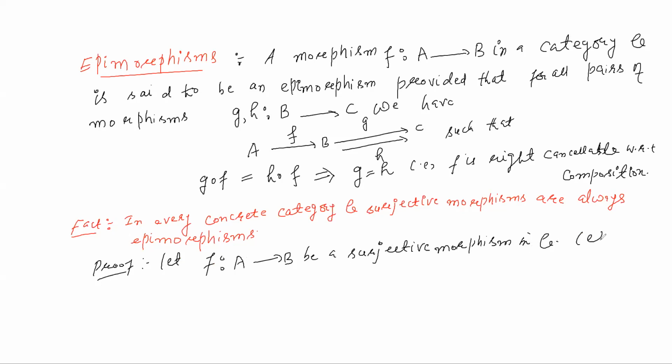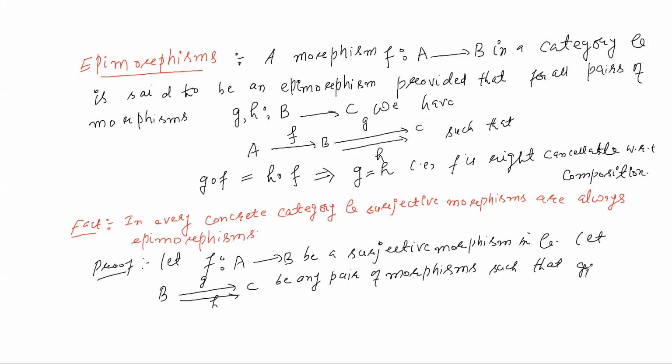So for this, let you have a pair of morphisms from B to some other object C, say G and H, be any pair of morphisms such that G composition F is H composition F.